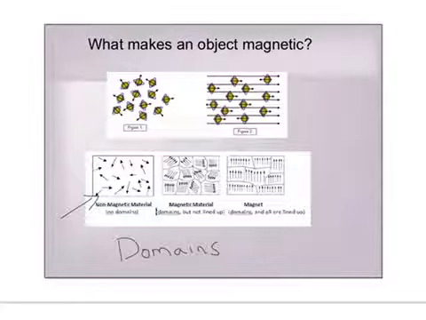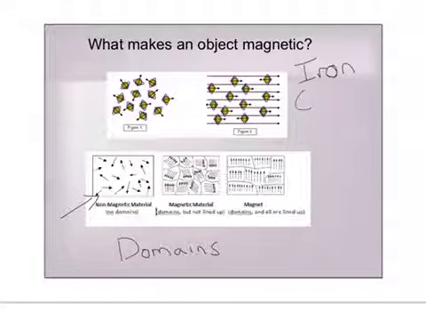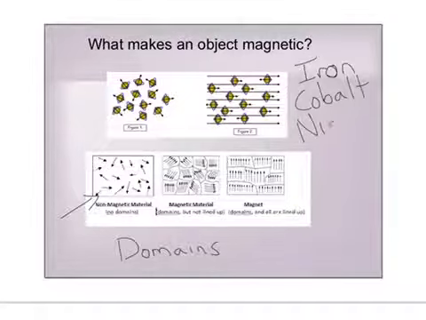Magnetic materials, there are three major, or the most common substances that are magnetic: iron, cobalt, and nickel. And other lesser materials can be magnetic, but these are the three major ones. And when you actually get something that is a magnet itself with poles, all those domains are lined up.